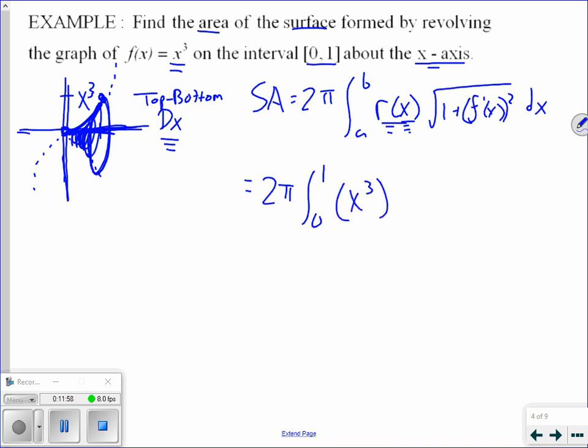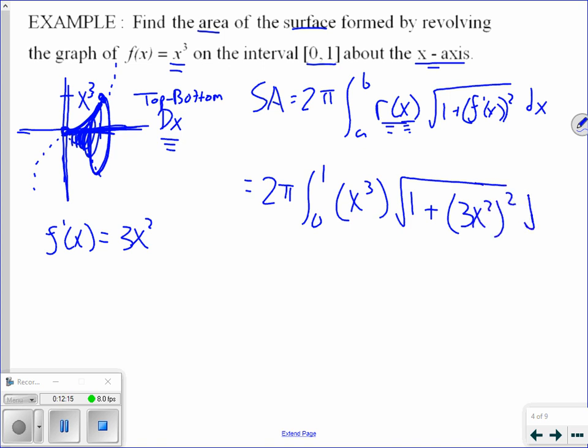Then we got the square root of 1 plus f prime of x squared. F prime of x is just 3x squared, the derivative of x cubed. So I'm going to put 3x squared dx.